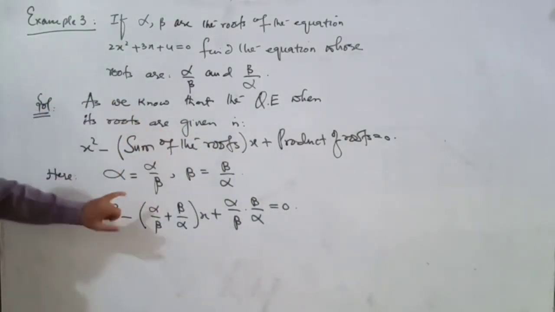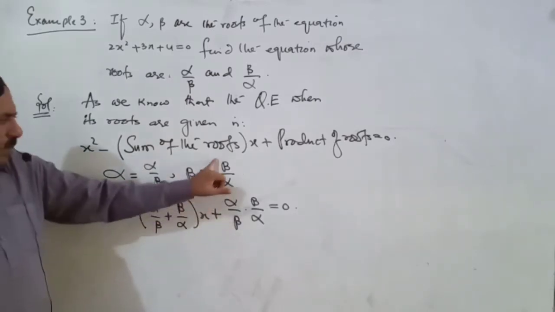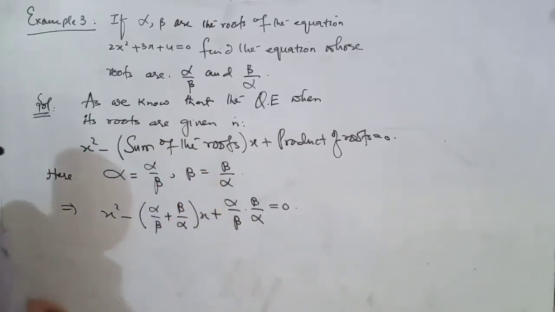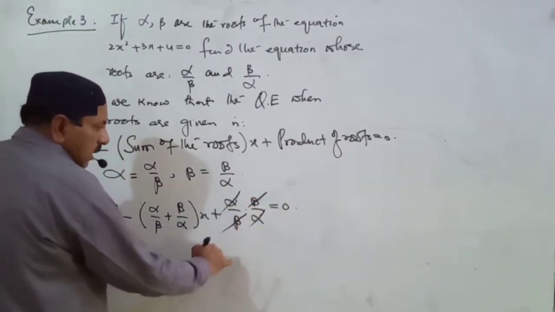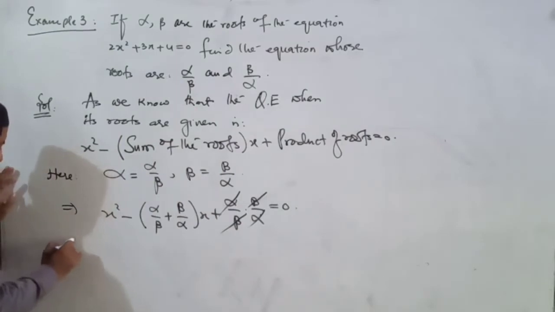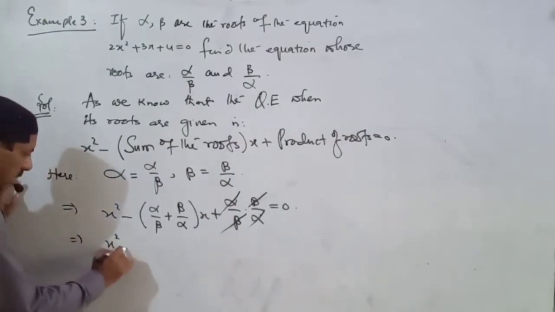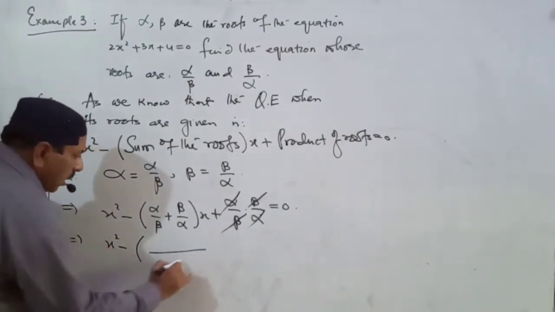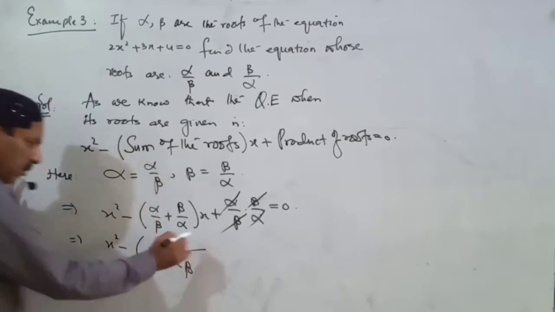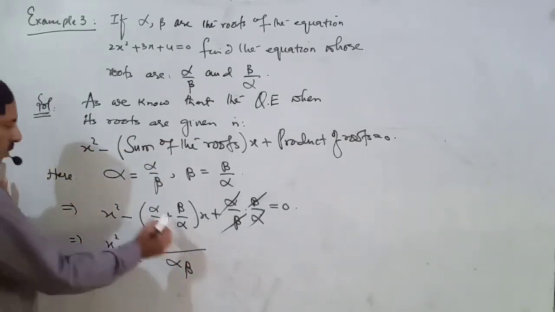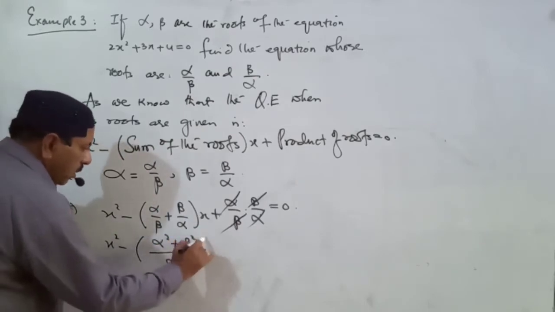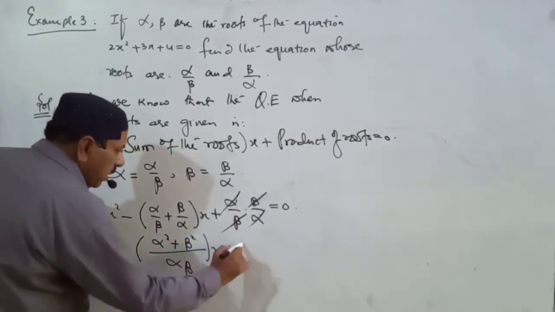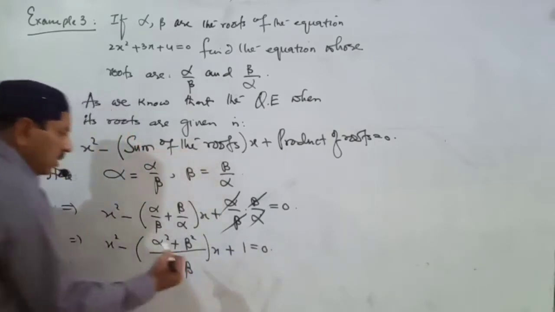So we have to substitute, instead of alpha upon beta, instead of beta upon alpha. It's a given condition. Beta and alpha cancel. So the result is x square minus, alpha beta is the LCM, (alpha into alpha square plus beta into beta square) x plus 1 is equal to 0.